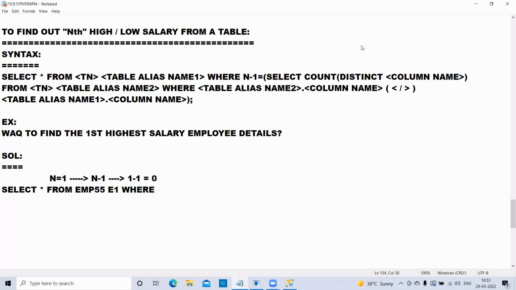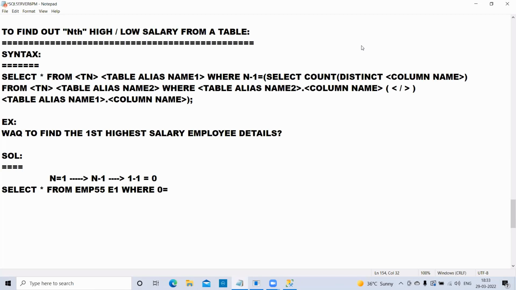Now tell me, guys, n minus 1 was given and you are finding the first highest salary. So n minus 1 is equal to 0, which we already calculated.